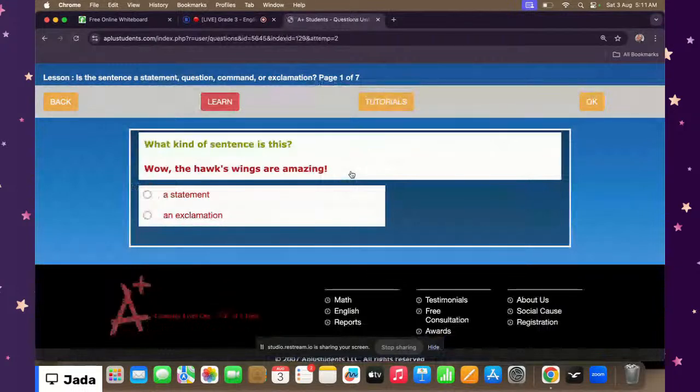What kind of sentence is this? Wow, the hawk's wings are amazing. So you all tell me on the chat what kind of sentence is this? Is it a statement or an exclamation? Take note, everybody. Look at this carefully.